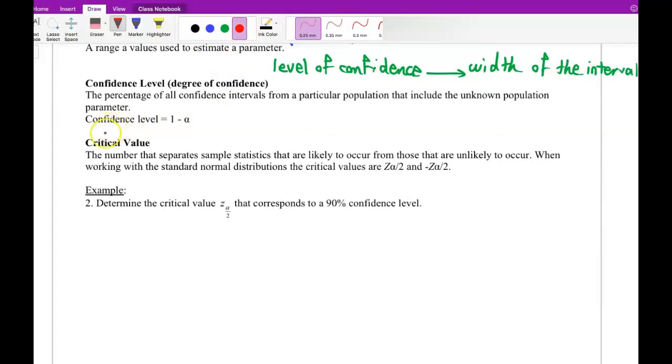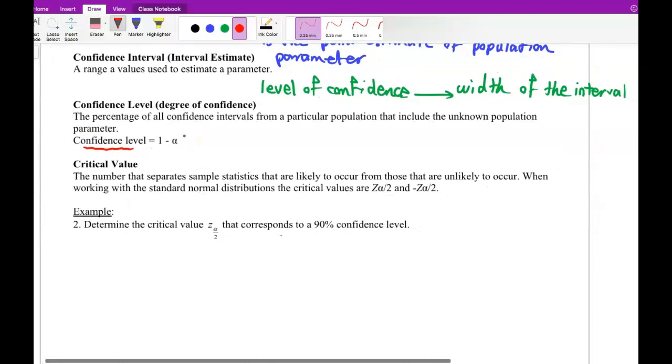Then on this part, this is the confidence level, and that is equal to 1 minus alpha. So we call this the confidence level or degree of confidence.